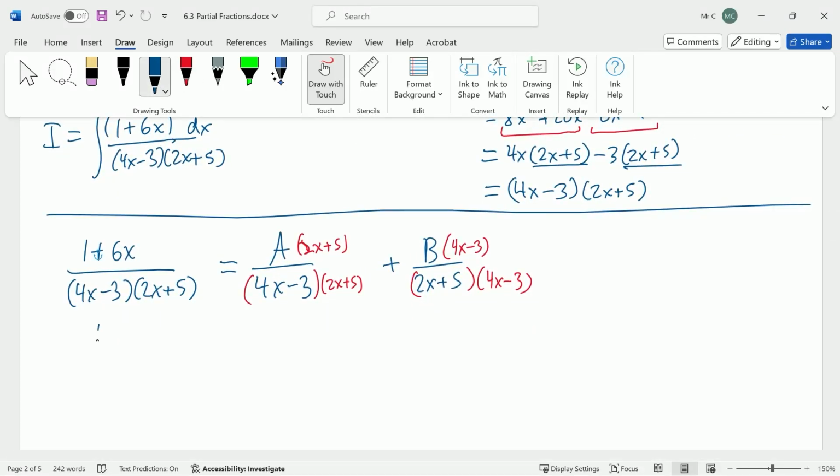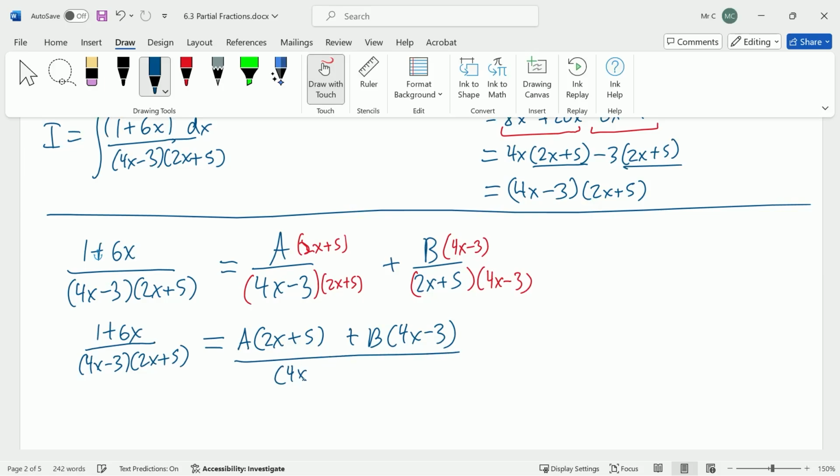And so then I can combine those fractions together on the right side. I get a times 2x plus 5 plus b times 4x minus 3 all over this thing, 4x minus 3 times 2x plus 5.